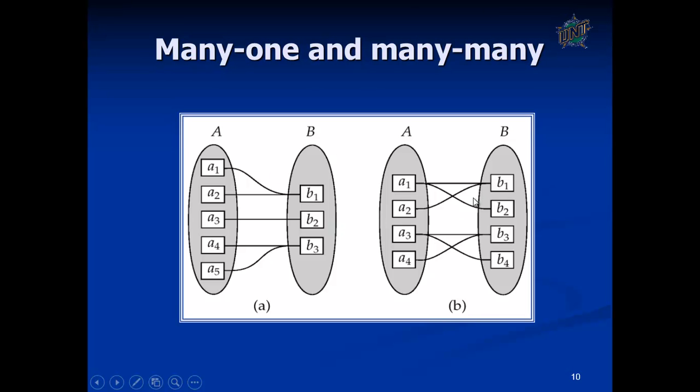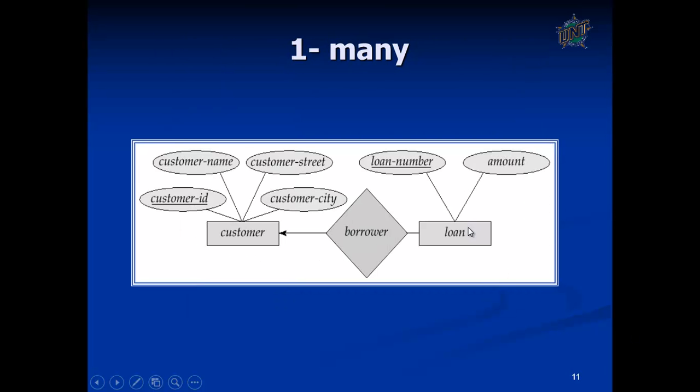And if we talk about many to many, then A1 is associated with B2 and A1 is also associated with B1. Similarly A2 is associated with B1. A3 is associated with B3 and it is also associated with B4, and A4 is associated with B3. This is a many to many relation. Here you can see a one to many relation: customer, borrower, loan.